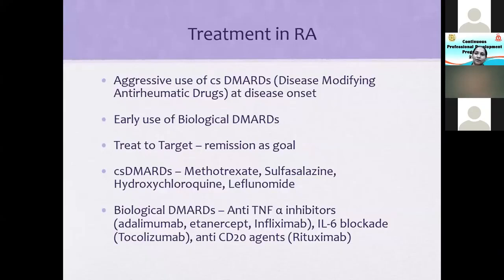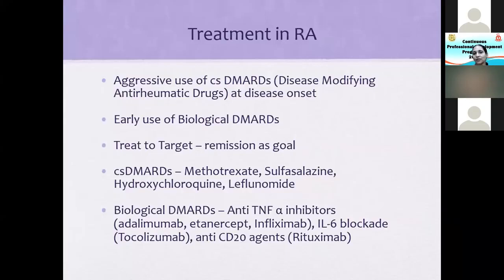Earlier, there was a misconception that you can use pain relief, analgesics, non-steroidal anti-inflammatory drugs, corticosteroids, and then if they're not responding, to go for disease-modifying drugs. It is not like that. You have to start disease-modifying anti-rheumatic drugs at the disease onset, because you want to start the treatment within the window of opportunity to stop the cumulative damage.